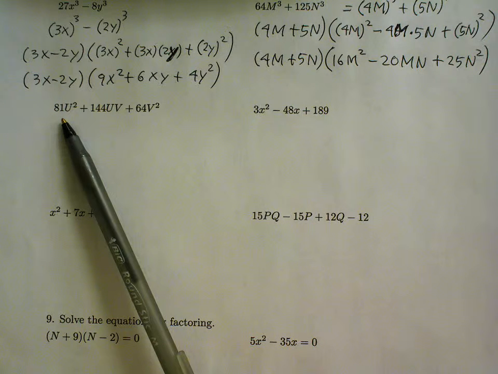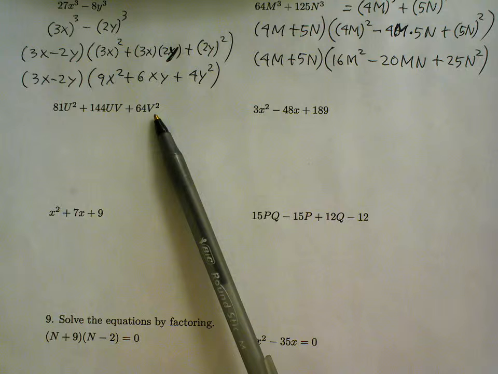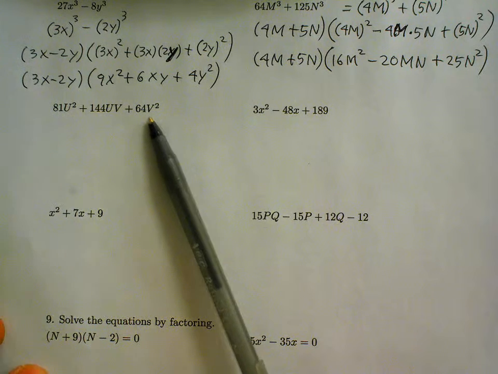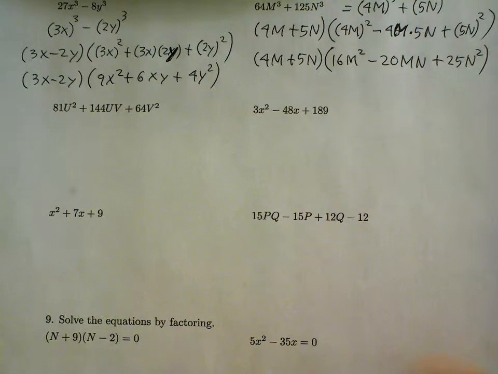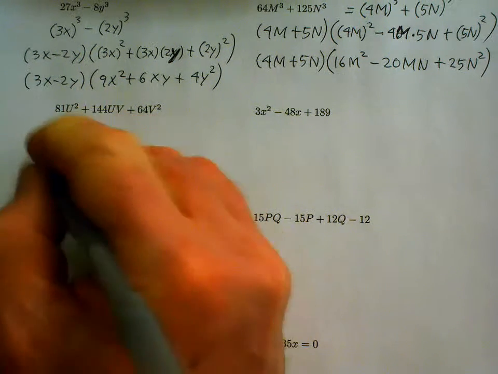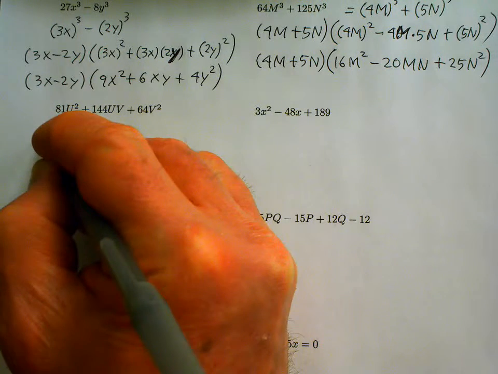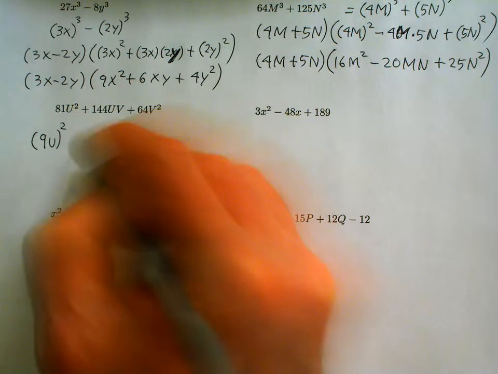81u to the second is a perfect square. The term on the right is a perfect square. So we should wonder if it's a perfect square trinomial. So 81u to the second is the same as the term 9u squared.